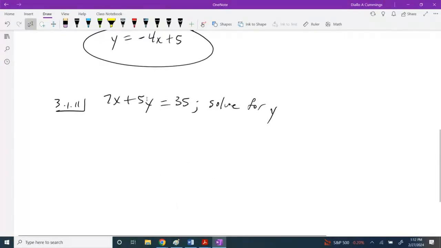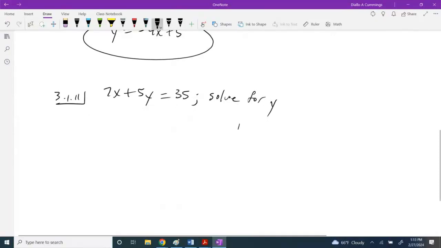The difference for this problem is that y has a coefficient, and remember that a coefficient is just the numerical part of a term. We're asked to solve for y, not for 5y. But the first thing I want to do is locate the side in which y is located, the left-hand side. On that side, there are two terms, 7x and 5y. I'm going to take the term that's unrelated to y, which is the 7x, and transpose it, or move it, to the other side.